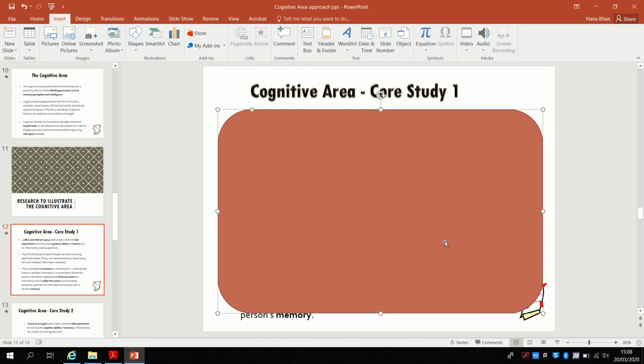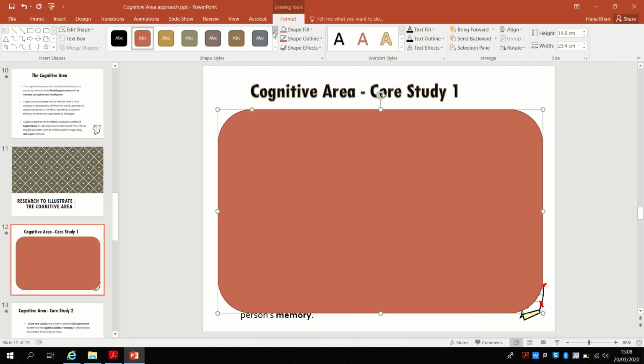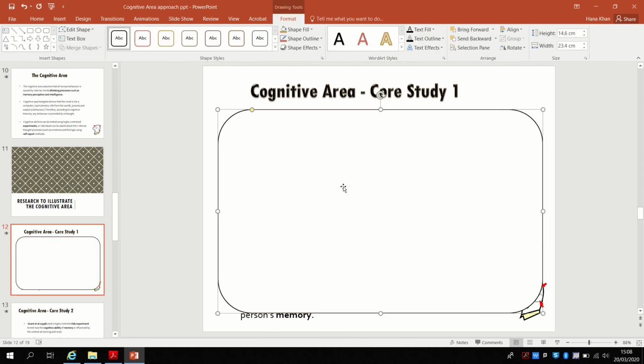So I'm going to create a box here, and we're going to have a little chat about how you would do that. So the first thing you do is you would outline an assumption. So one assumption of the cognitive area is that all behavior is a result of internal mental thinking processes such as memory.